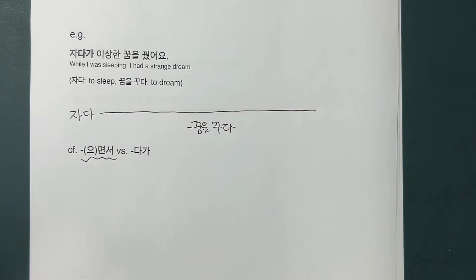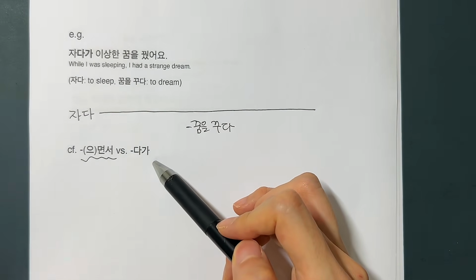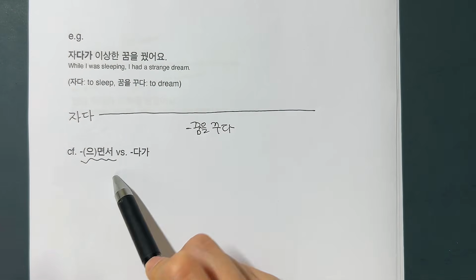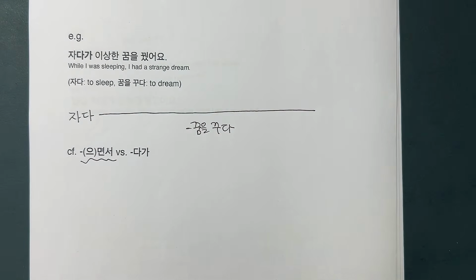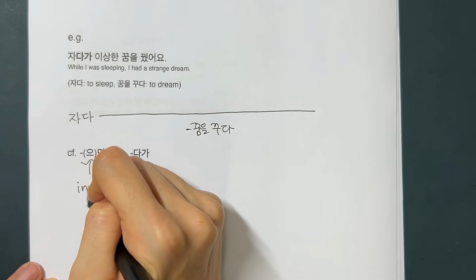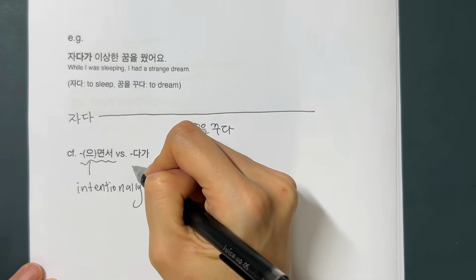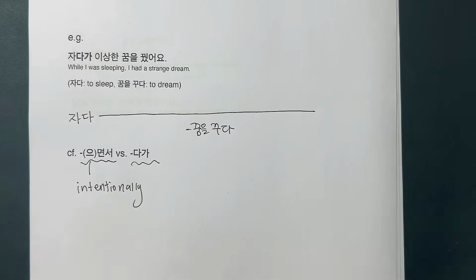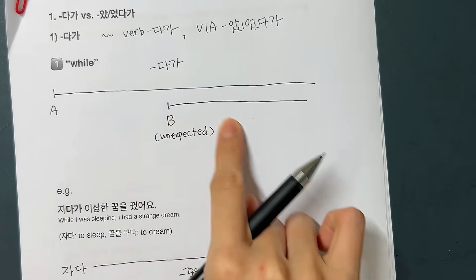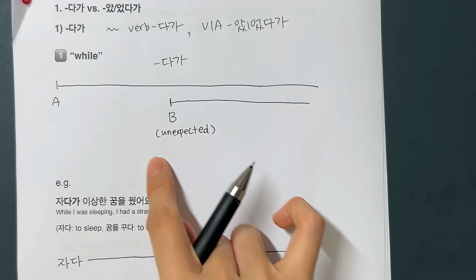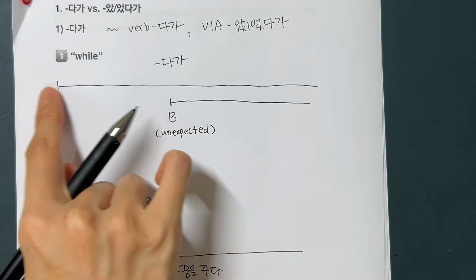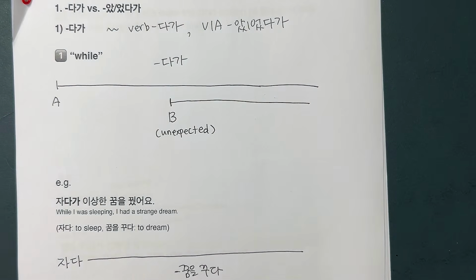Actually, that's not possible because there is a difference: 으면서 is used when two actions are done intentionally at the same time, whereas 다가 is used when the second action wasn't planned from the beginning. It happens unexpectedly while doing the first action, or without intending beforehand.